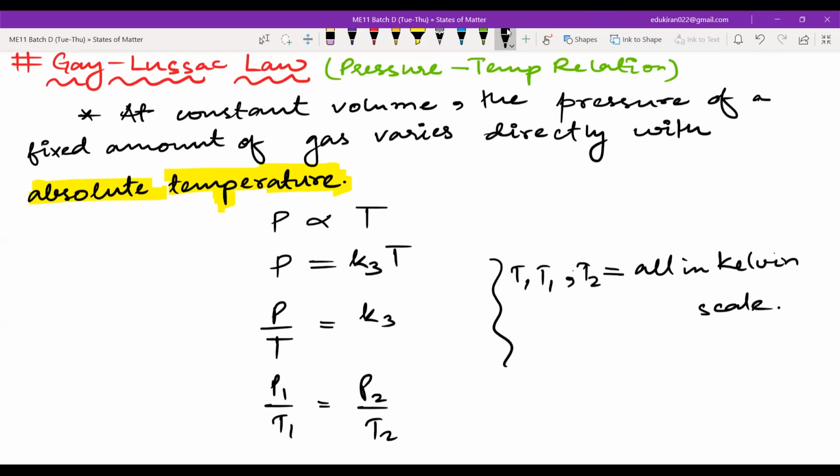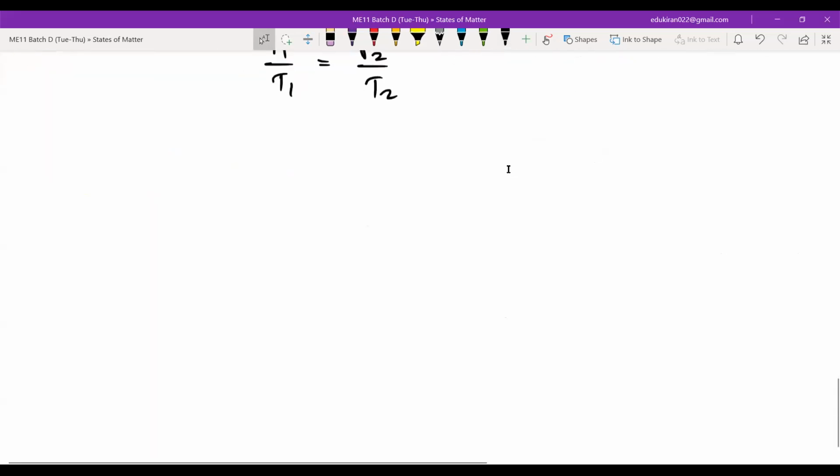Done, guys? Yes, sir. Okay. Now write graphs. Graph of Gay-Lussac law. So the graph is pressure versus temperature.